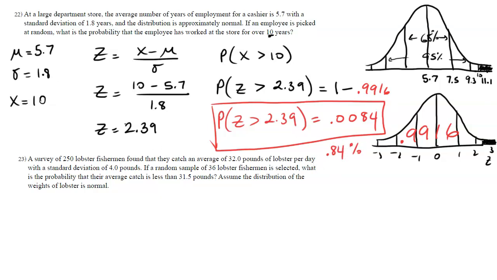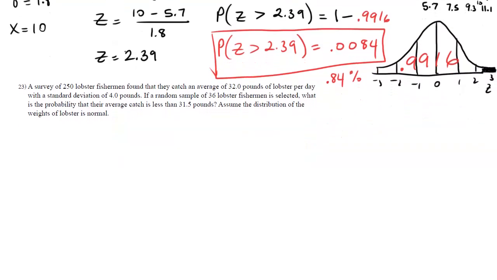Okay, 23. A survey of 250 lobster fishermen. So let's say N is 250. Well, let's not say N is 250. See, I'm jumping ahead of myself. So they surveyed 250 lobster fishermen, and they found that they catch an average of 32 pounds of lobsters per day.